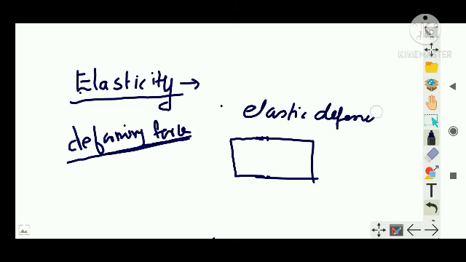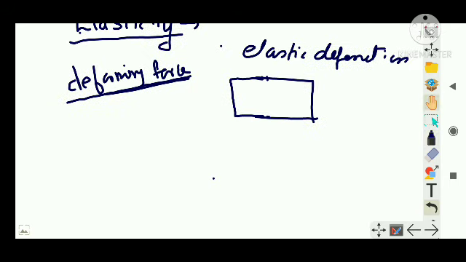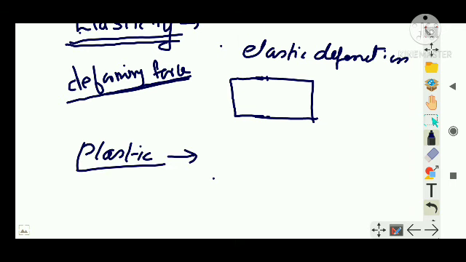Elastic deformation, because once the force is removed, it goes off completely, right? And there are two types of substances, right? Okay, before going to the elastic section, there is another term which you have to know, which is plastic. And the property shown by plastic is known as plasticity. So what do you know about plastic?